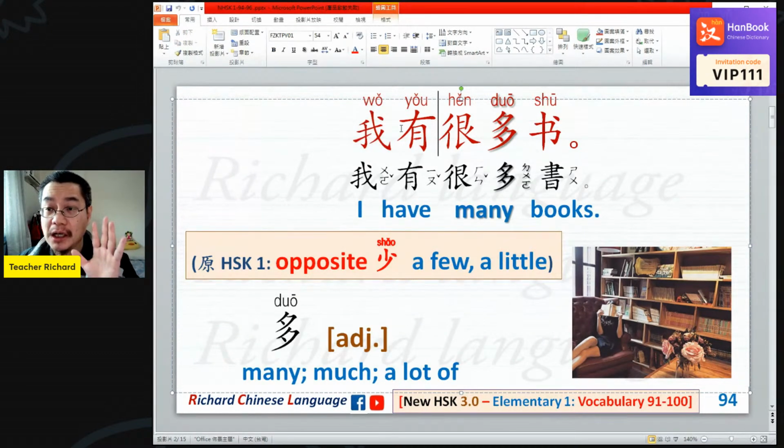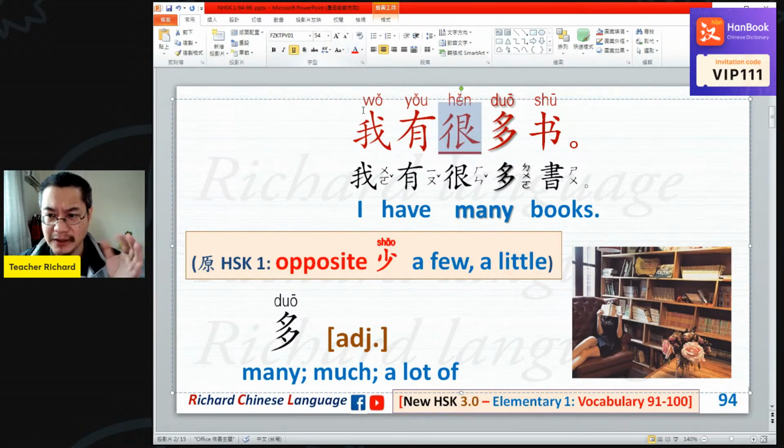我有很多书. 我 means I, of course. 有 means have. 有 is a verb. 很 actually means very. But in Chinese, if you want to use an adjective, mostly you need to use this word.